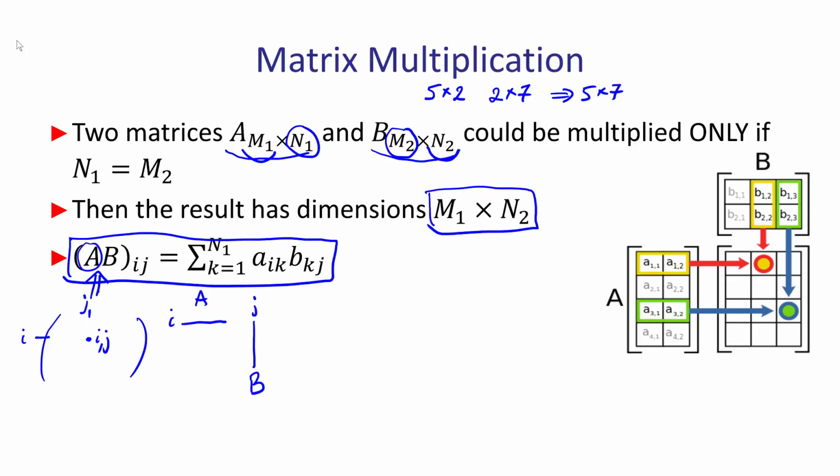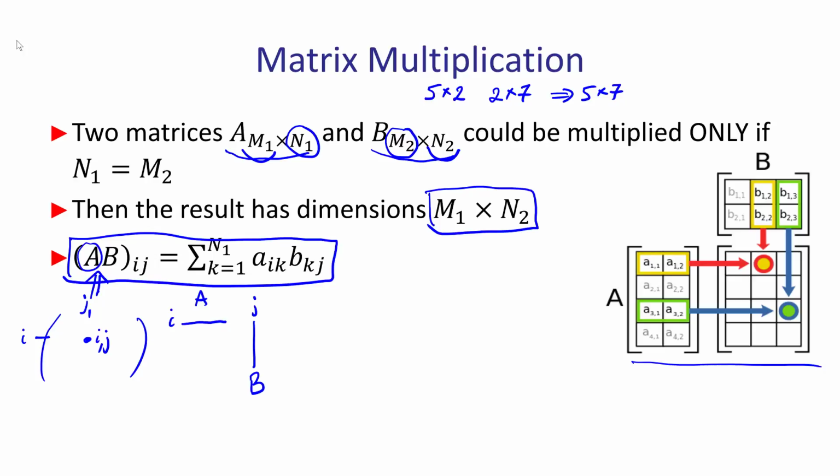This dot product will give you, of course, a real number, which will be the result here. So you take the i-th row and the j-th column, multiply them element by element, add all of the elements, and this is what you will have at point ij in the result.